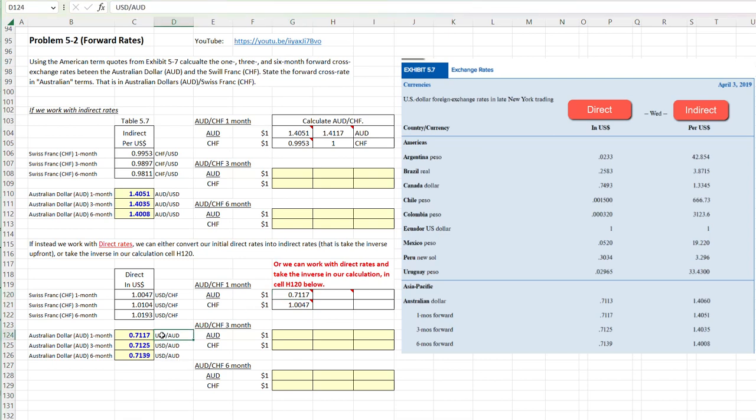Using our direct rates, the Australian dollar is in the denominator, and we want it to be in the numerator in our final calculation. So we need to take the Swiss franc rate and divide it by the Australian dollar rate. And we get the exact same exchange rate we had up top, 1.4117 Australian dollars per Swiss franc.